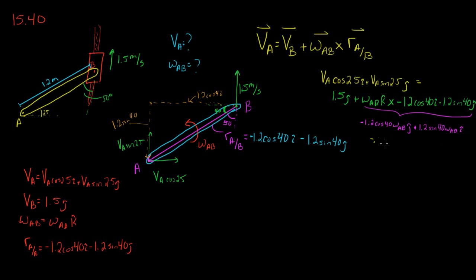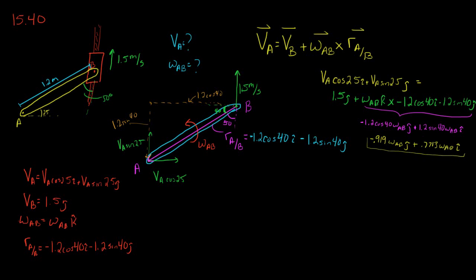When I do this, I'm going to lose some of that resolution that the answer in the back of the book has, but it comes out to the same answer if you don't multiply this all through. So I have a minus 0.919 omega AB j plus a 0.7713 omega AB i. So this is that cross product right here.